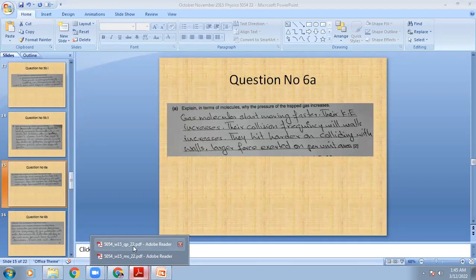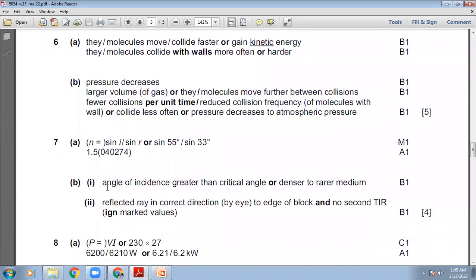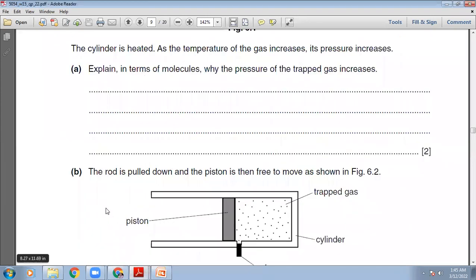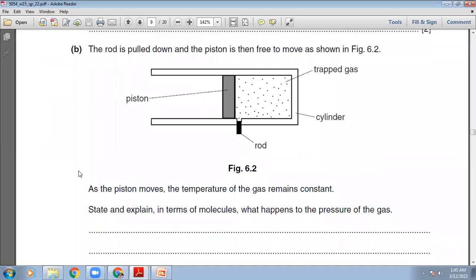So let's have a look at the marking scheme, and here we go. The molecules move or collide faster or gain kinetic energy. The molecules collide with the walls more often or harder. The next thing they are asking is, okay, the rod is pulled down and the piston is then free to move, as shown in figure 6.2.